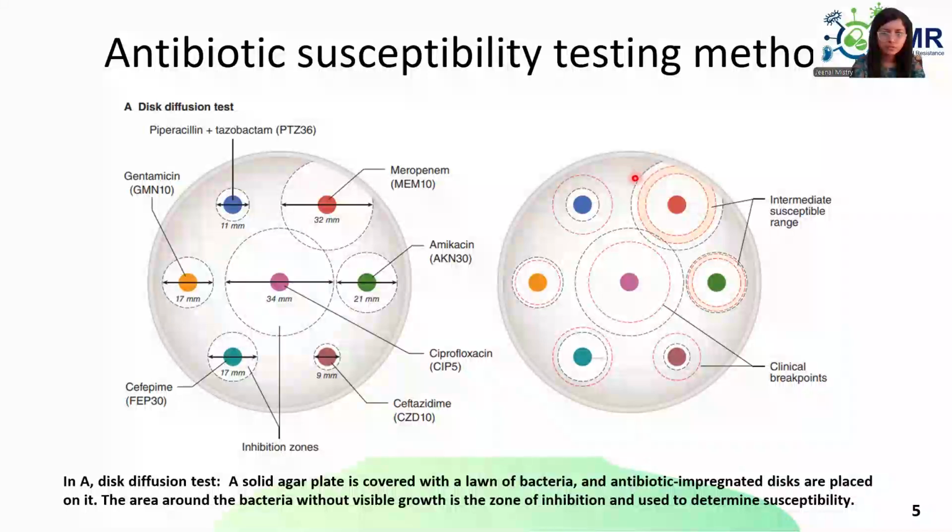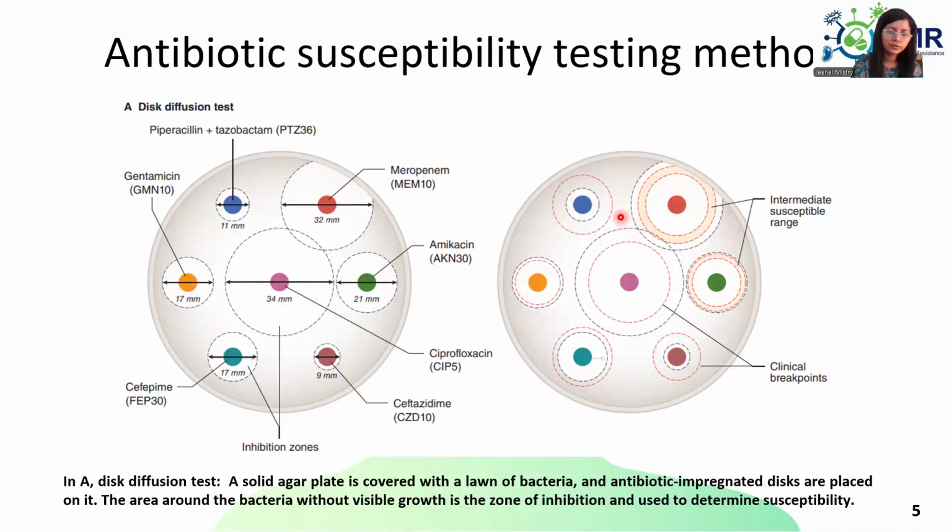And this is the zone of inhibition. At this point, the meropenem kills the microorganism. After that, if bacteria grow here, they cannot be inhibited by meropenem. So this is the range of the meropenem antibiotic, right? After that is the minimum inhibitory concentration.